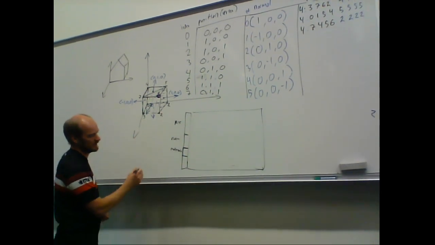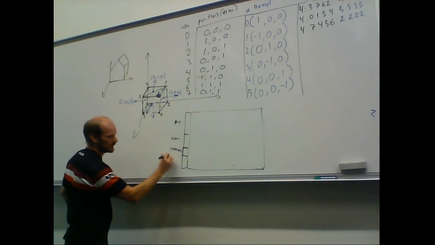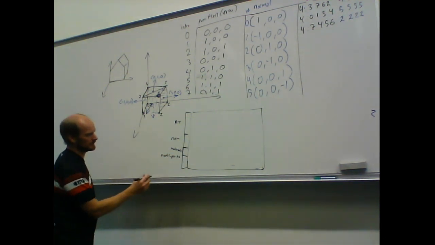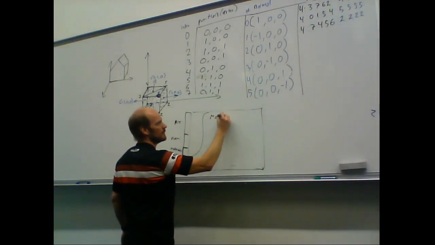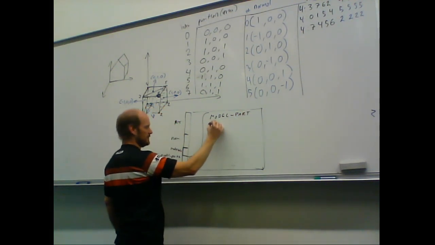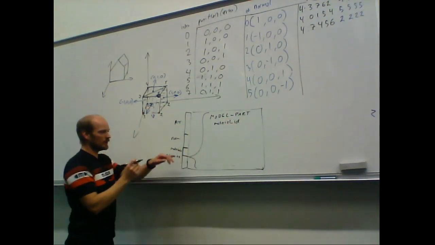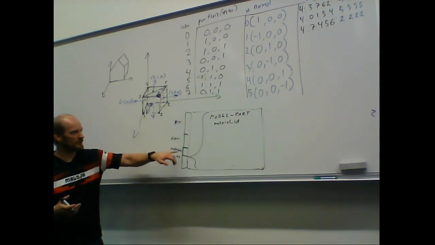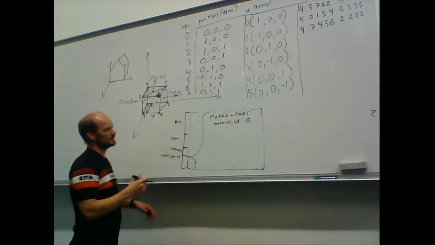Then in the end, we'd have model parts. Each model part would have some material ID. The materials would be in a list with an index, so we'd have some material ID here, let's say the first material in the list.